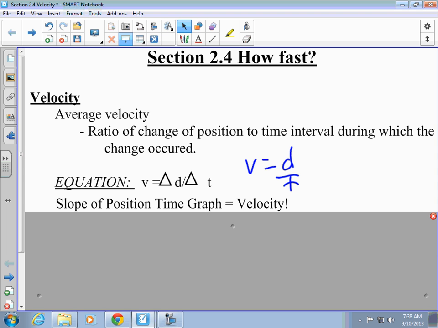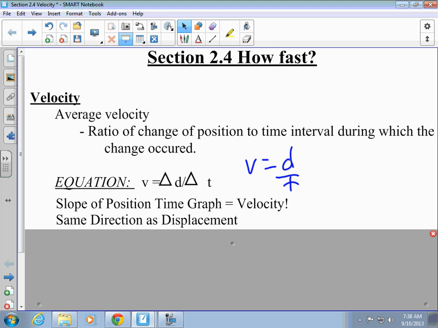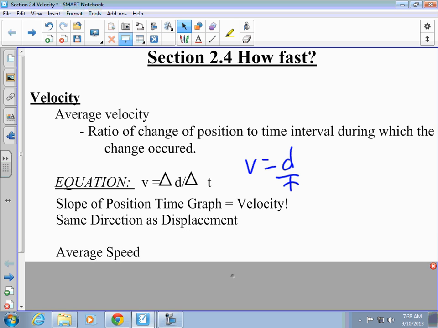Now, let's also talk about what is the difference between velocity and speed real quick, as we've already done that. What is the difference? Speed is just a number, it's a scalar quantity. Velocity is speed with direction. So when we're talking about velocity, it's the same direction as displacement.